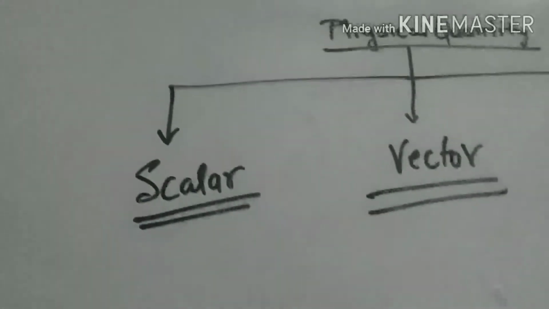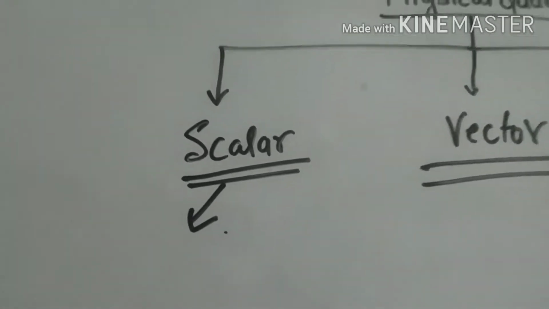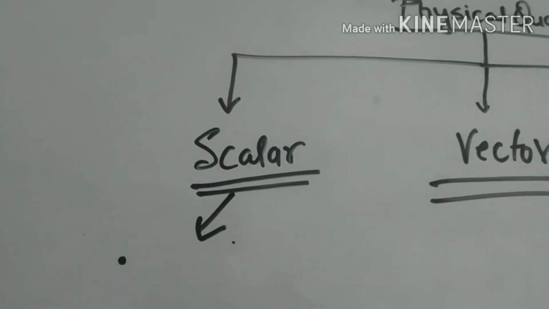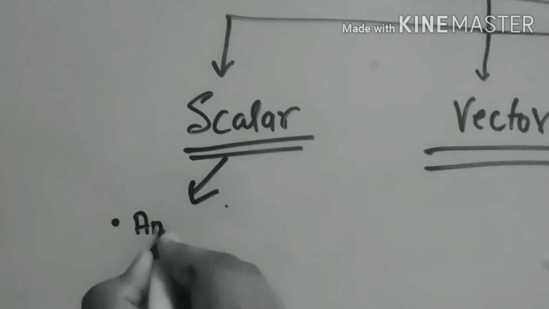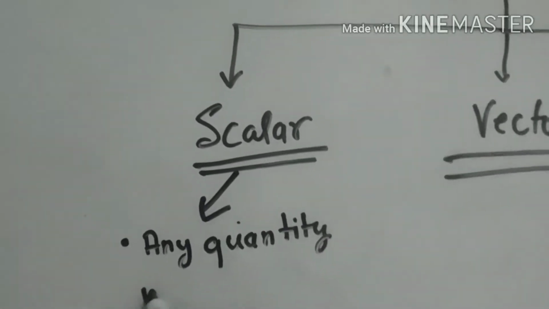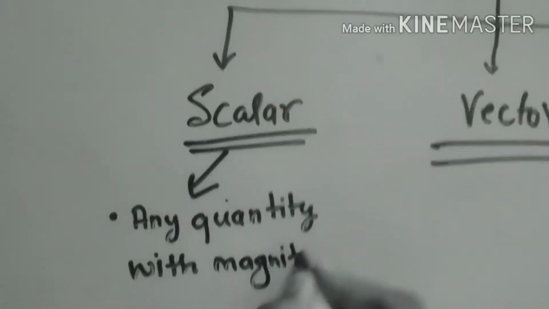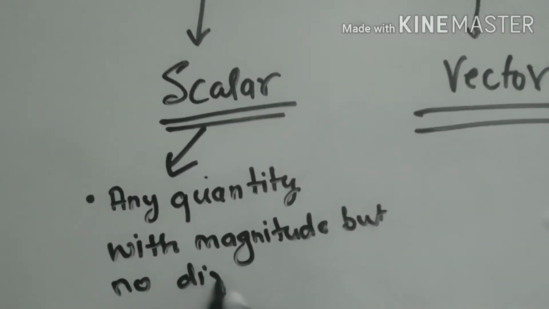Okay, so scalar quantities are those quantities, we have to be brief and to the point. So I'll be classifying the definition of scalar quantity into 3 points. First, any quantity with magnitude but no direction.